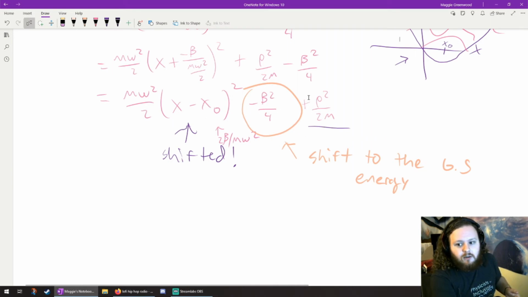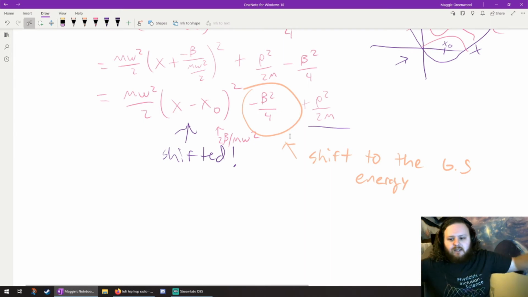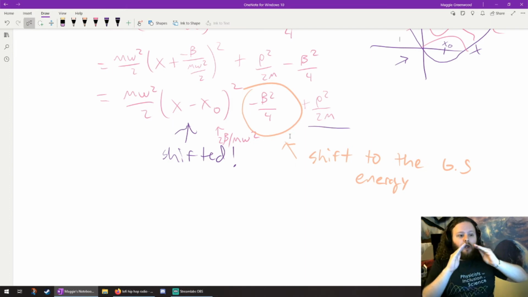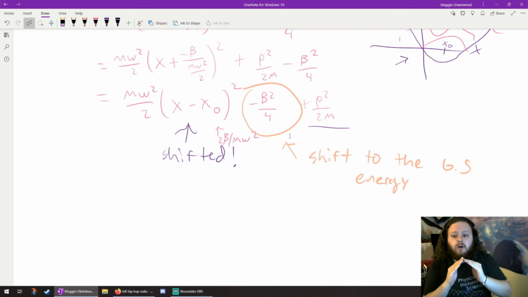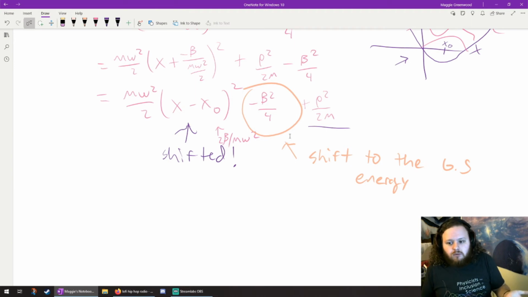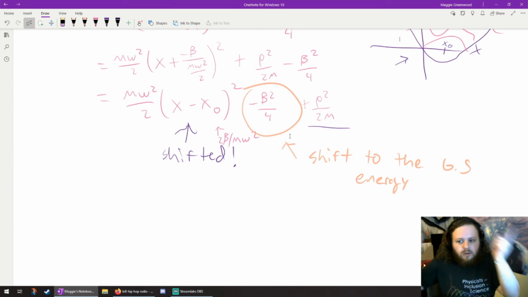This is a thing that looks like the ground state energy having stuff done to it. So the ground state wave function, by some hand waving, is going to look like the same ground state wave function for the harmonic oscillator shifted to the right to be on top of X naught. I'm not even sure you would necessarily write it down as much as you could just say it's the same function shifted to the right.